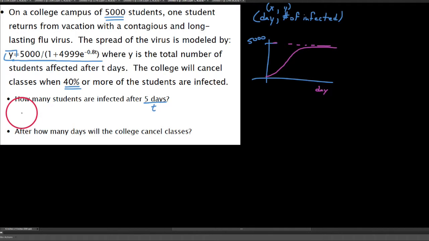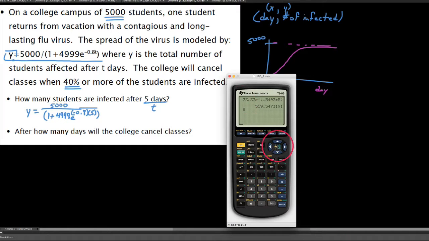When t equals 5, y equals 5,000 over, all in parentheses, 1 plus 4,999 e to the negative 0.8 times the time, which in this case is 5. I'm going to put this in parentheses as well. The hardest part is going to be punching this all into a calculator.